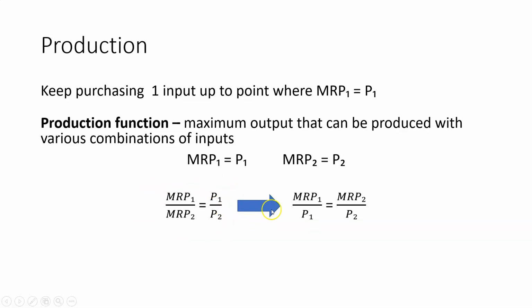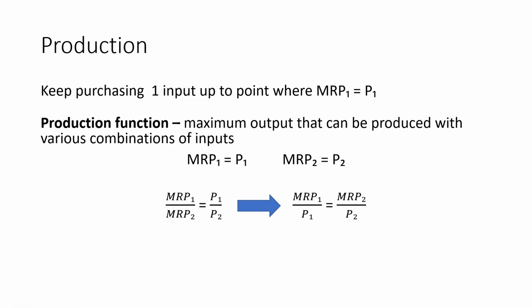And if we do a little algebraic manipulation so that we can get all of the things about fertilizer in one ratio and all of the things about labor in another ratio, we end up with the criteria for the optimal amount of labor and fertilizer to purchase.